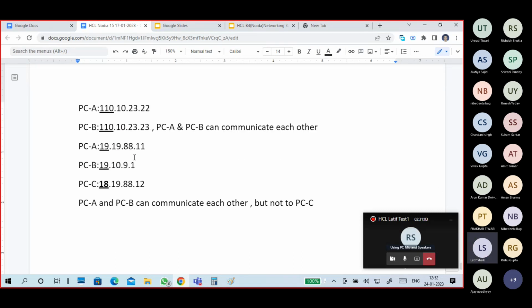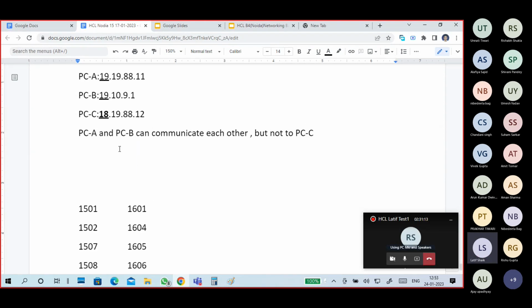Okay, and here, see, all network portions are different. All host portions are different. No problem. And I will give you one more example, with a class B. Again PC1, 139.18.99.11.